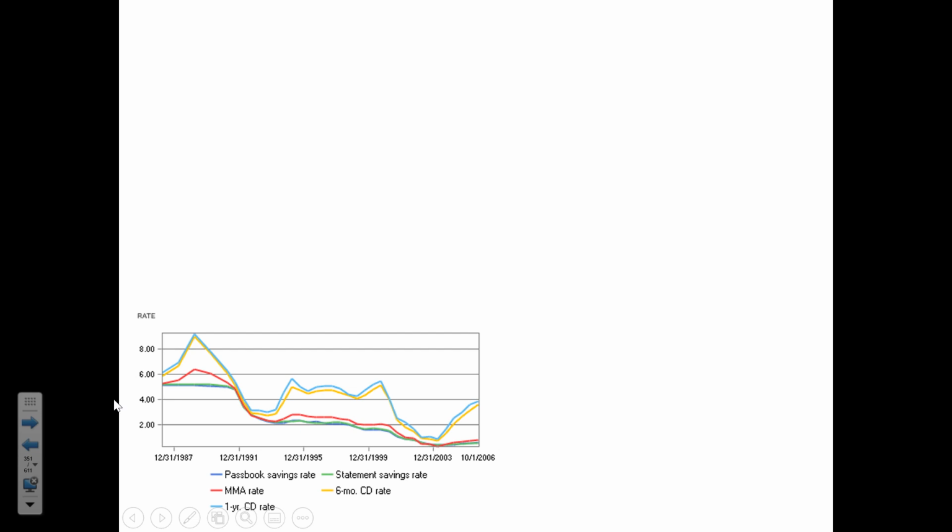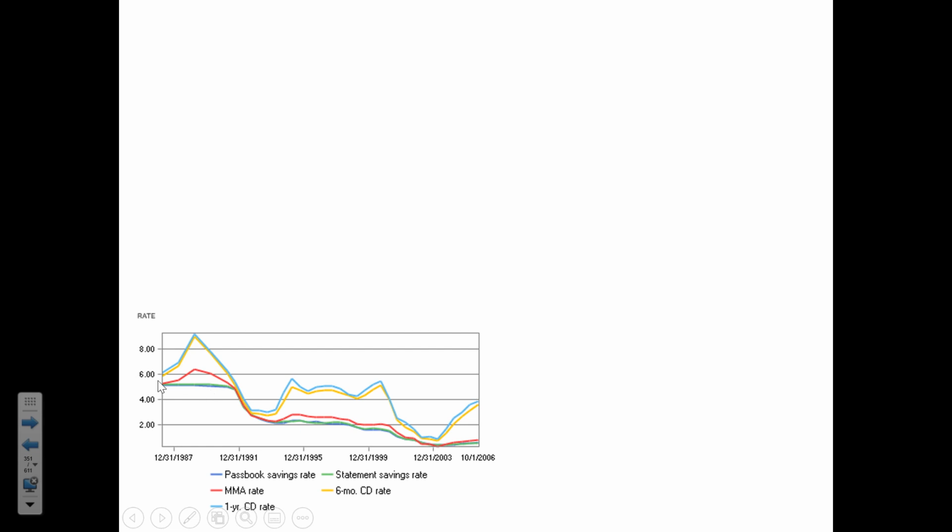All right, this figure illustrates the decline in savings rates over a couple of decades, and I remember back in the mid-'80s when interest rates were relatively high. And even with just a savings account, you could open an account and make 5%, compared to these days where maybe 1% is at the high end of things in a savings account.